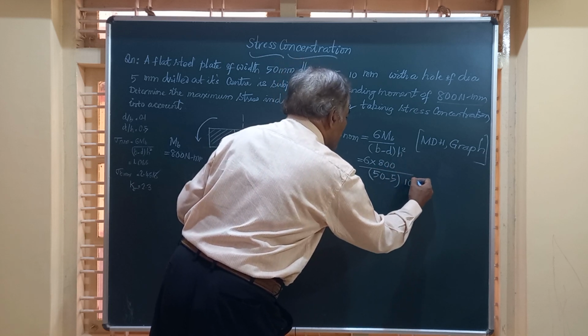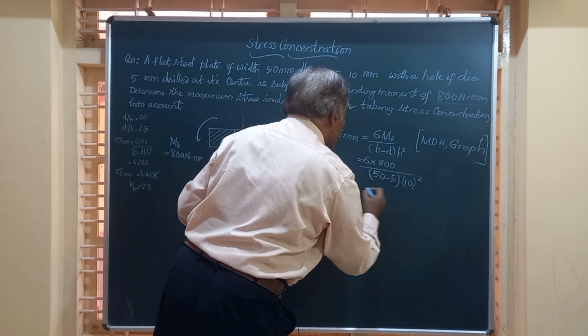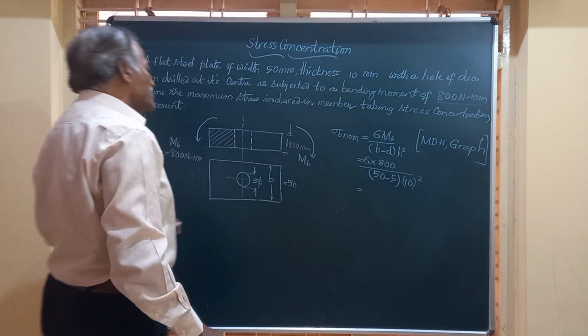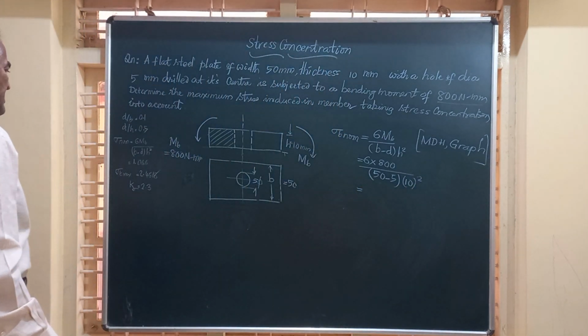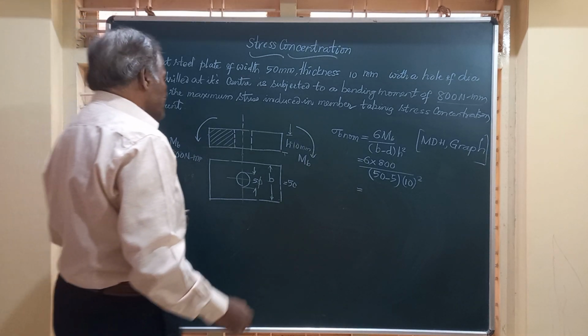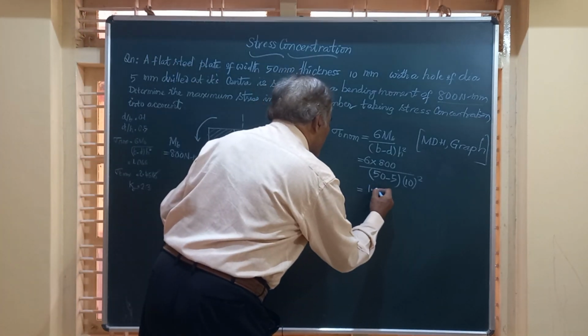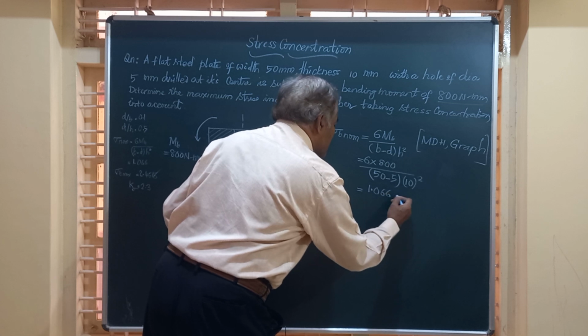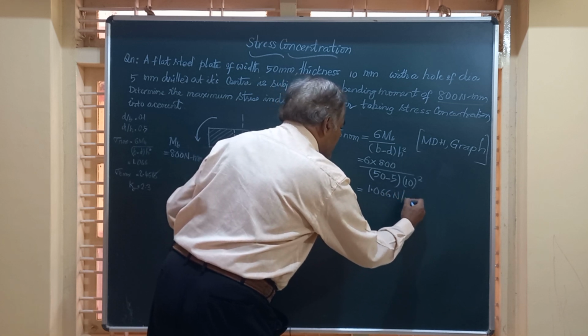Thickness is 10 mm, so 10 mm square. Friends, if you simplify this, you will get the value of nominal stress as 1.066 Newton per mm square.